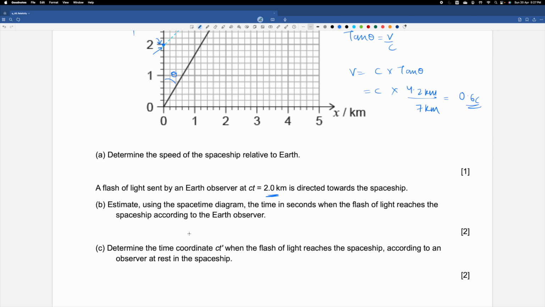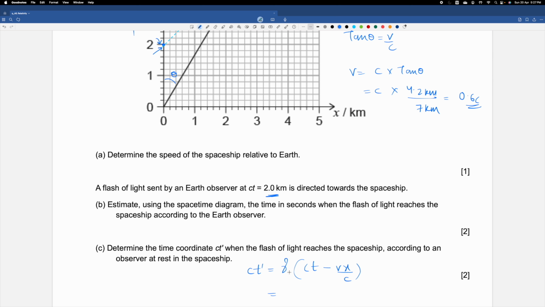determine the time coordinate CT prime when the flash of light reaches the spaceship according to an observer at rest in the spaceship. So basically they're asking you what is the time coordinate CT prime with respect to the moving frame. So I'm going to use the Lorentz transformation equation, that is CT prime equals gamma times CT minus Vx over c.